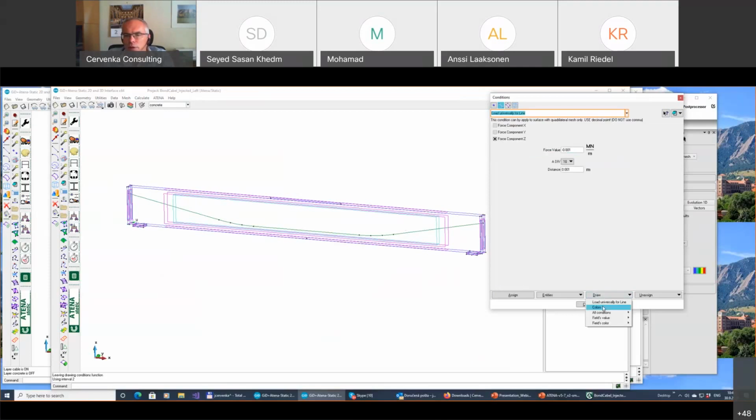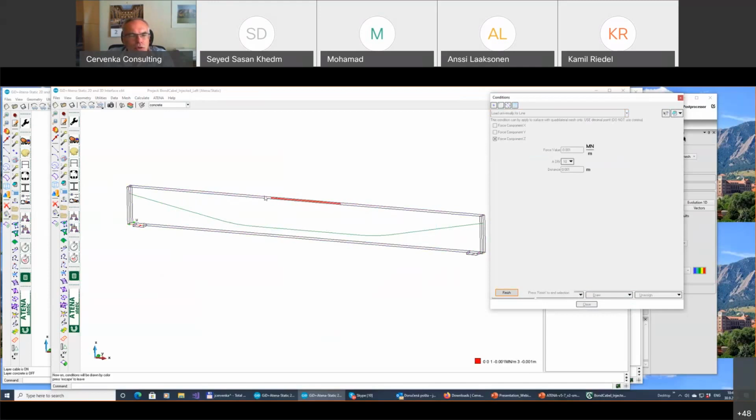So we see that there is a universal loading. This is another new option in ATENA, that you can apply line loads independently of your model. So we have this line load, which will be then increased up to the peak load.